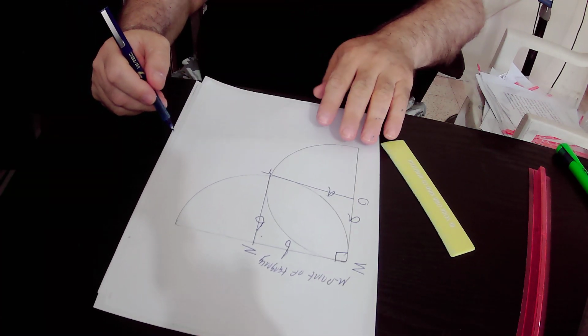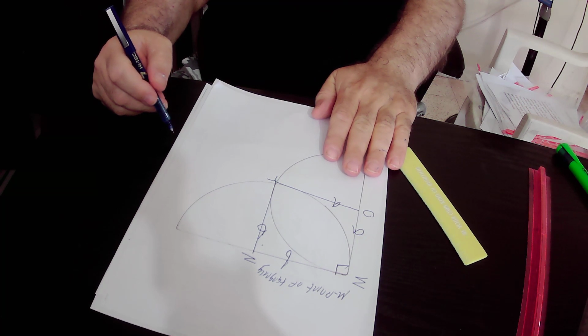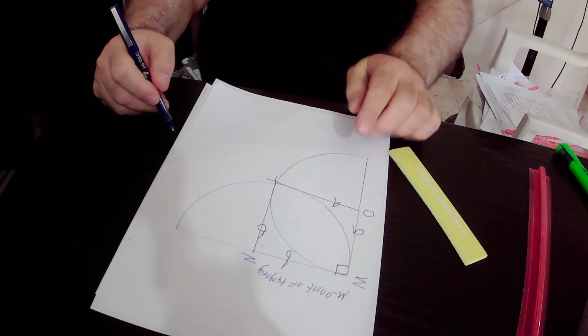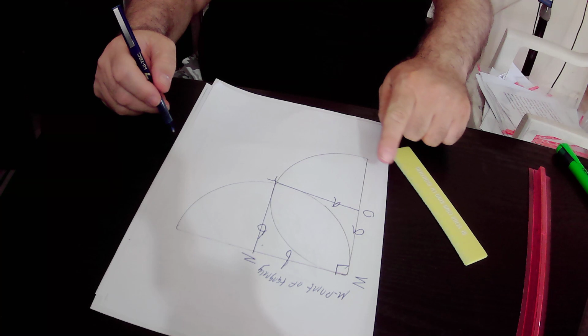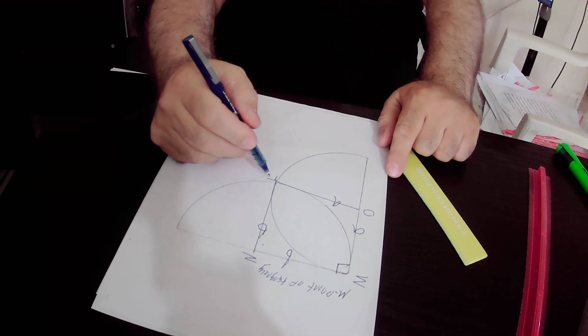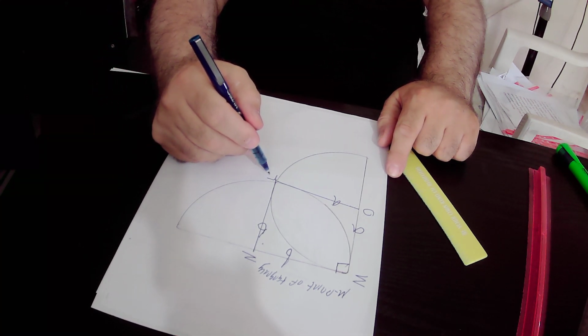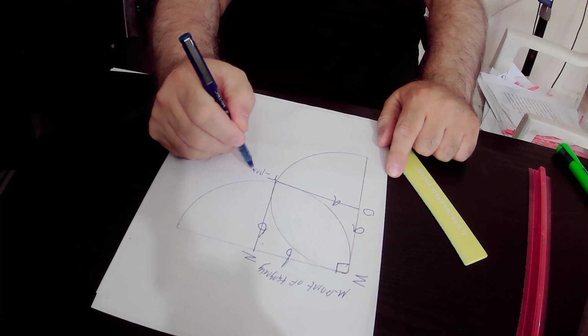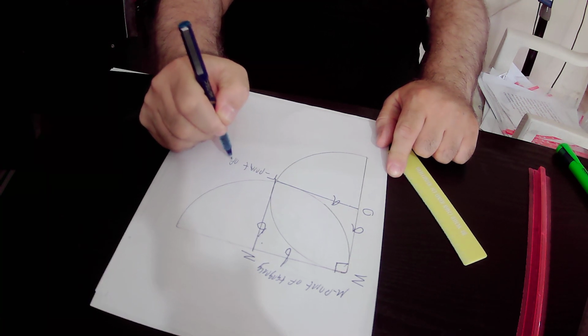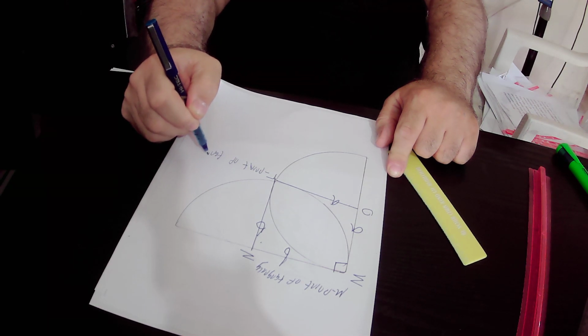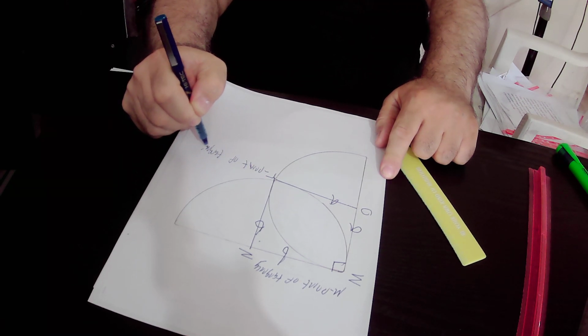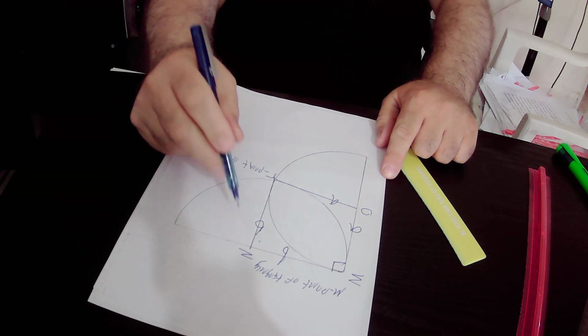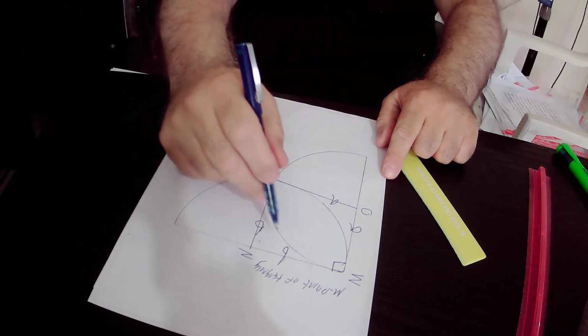Likewise, we have here the radius LO that is drawn to the point of tangency. Here L is the point of tangency of tangent NL with this semicircle.